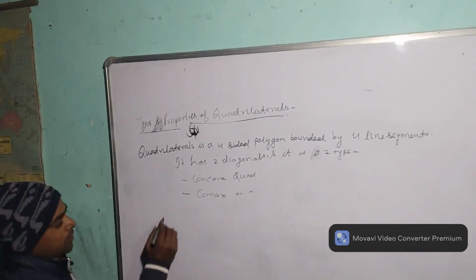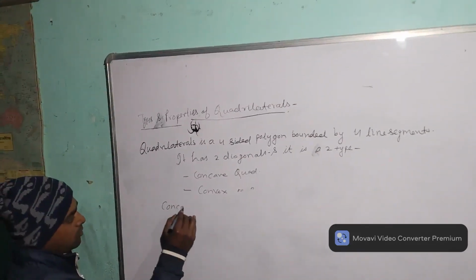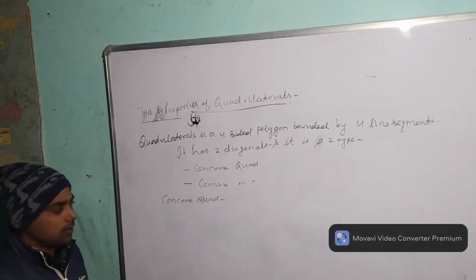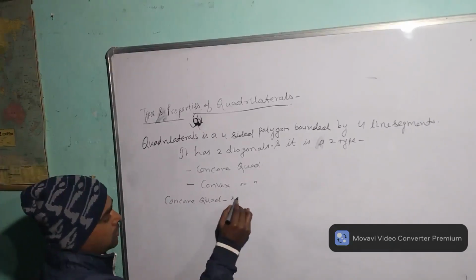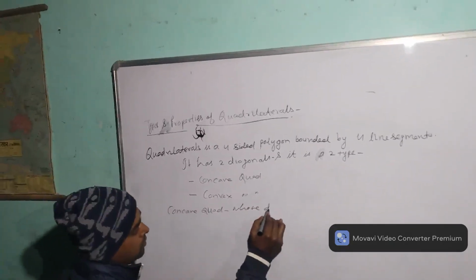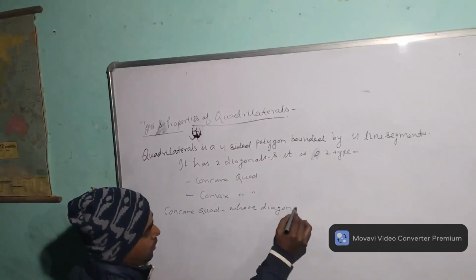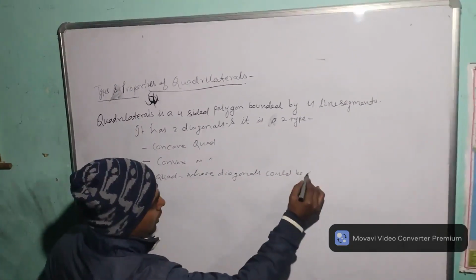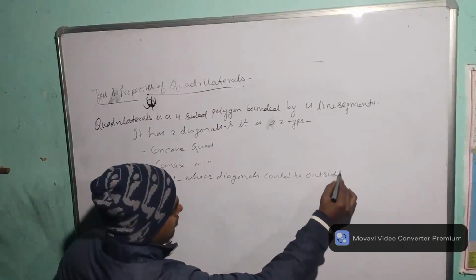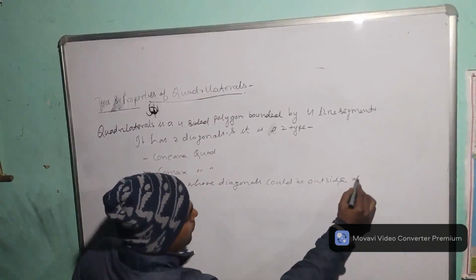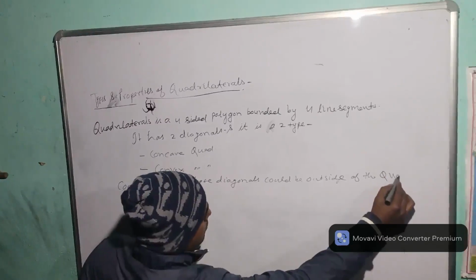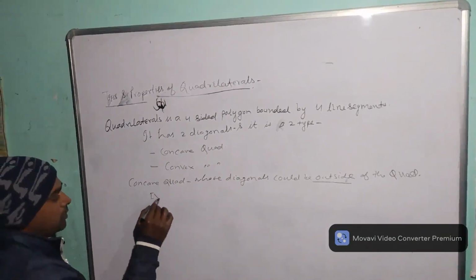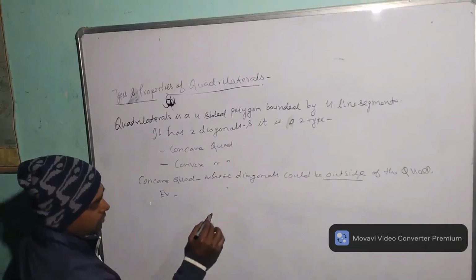Concave quadrilateral is a quadrilateral whose diagonals could be outside of the quadrilateral, just like this example.